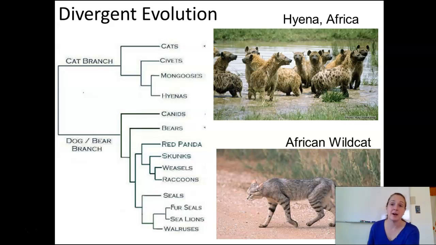So here we have the African wildcat and the hyena competing for resources, diverging from one another. They're using their bones, they're using their similar genes in very different ways in order to outcompete one another and survive in their environments.